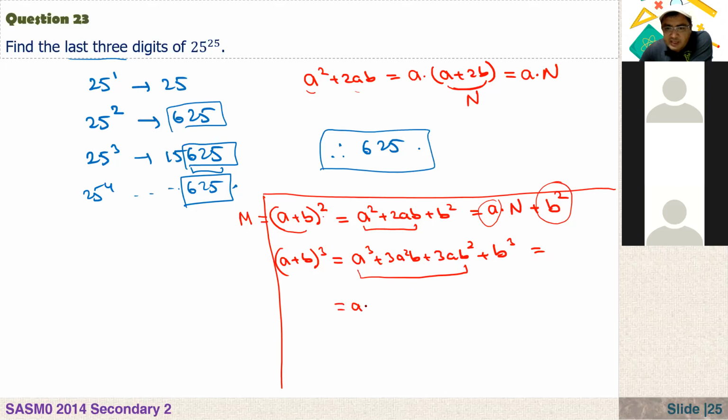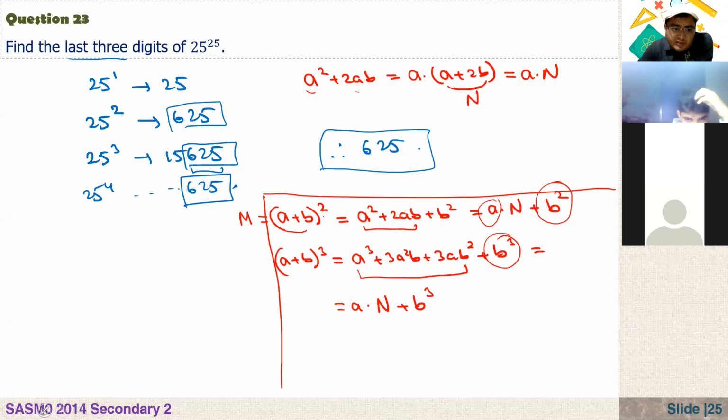Let me just take this a out, and inside I have the sum of some whole numbers. I'm not interested in this, that's why I'm just labeling whatever it is by n here. And what I have here is b cubed.